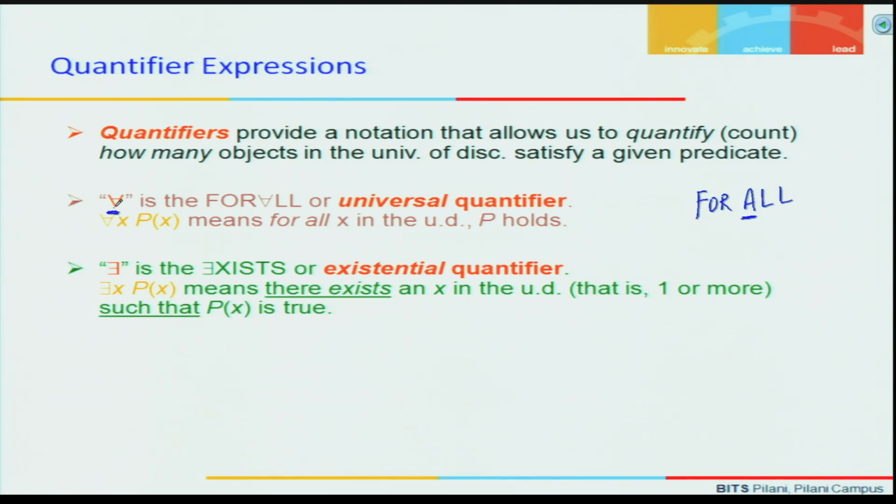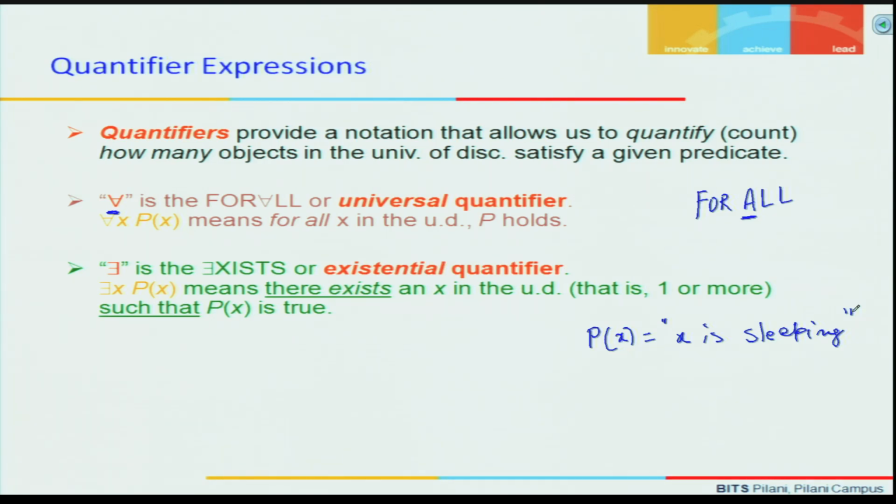What it means is, when I say for all x P(x), it means for all x in the universe of discourse, my predicate is holding good. Just for argument's sake, if I go back to my original predicate, P(x) is equal to x is sleeping, and I say for all x P(x), what does it mean?